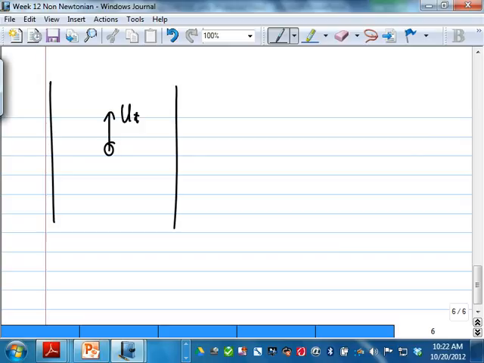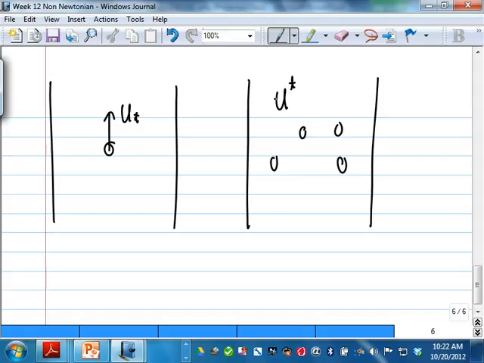Now that there are many bubbles, they interfere with each other and block each other's path, so the bubble rise is UT times 1 minus alpha to the power n minus 1.